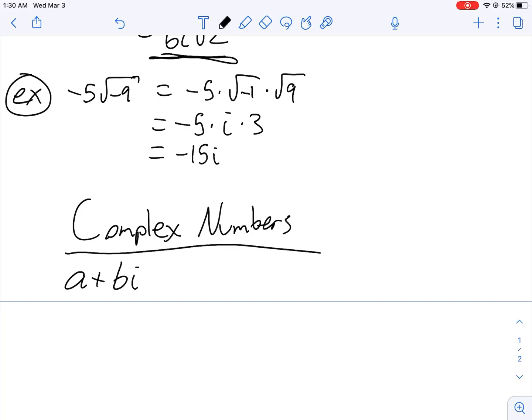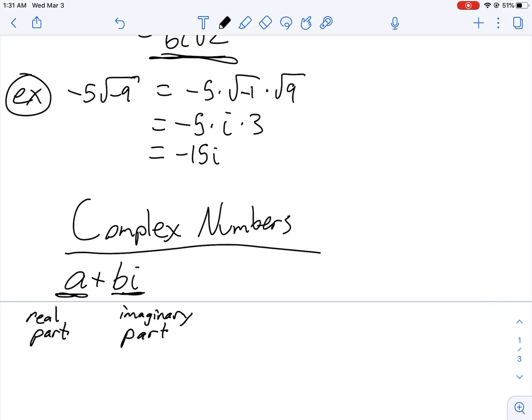We have the real part. We have the imaginary part. And we can add and subtract complex numbers. We can multiply complex numbers.